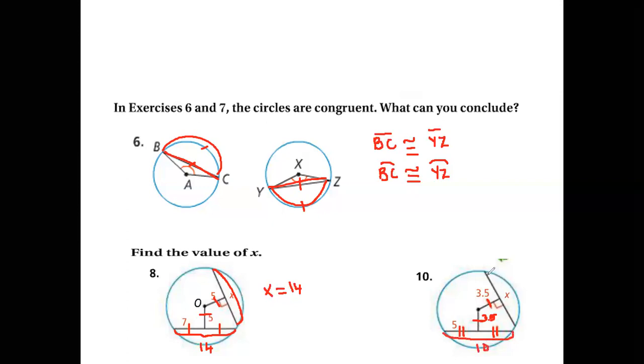So what is the value of x? X will be 10, because if the chords are equidistant from the center, then the chords are congruent. So one of the chords is 10, and obviously the other chord will also measure the same, which is 10.